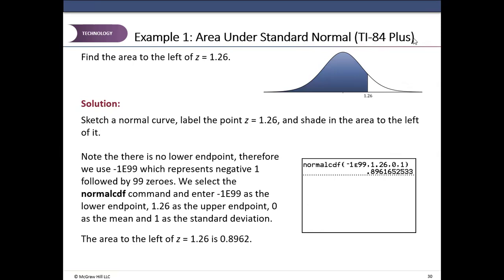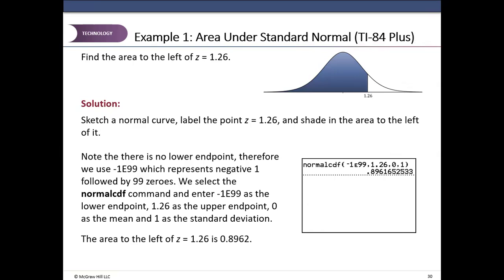E stands for exponent 99. That means -1 followed by 99 zeros, a very large negative number. Instead of writing 99 zeros, we use the exponent. So the lower boundary, if we start our calculation from the extreme left, is -1E99.